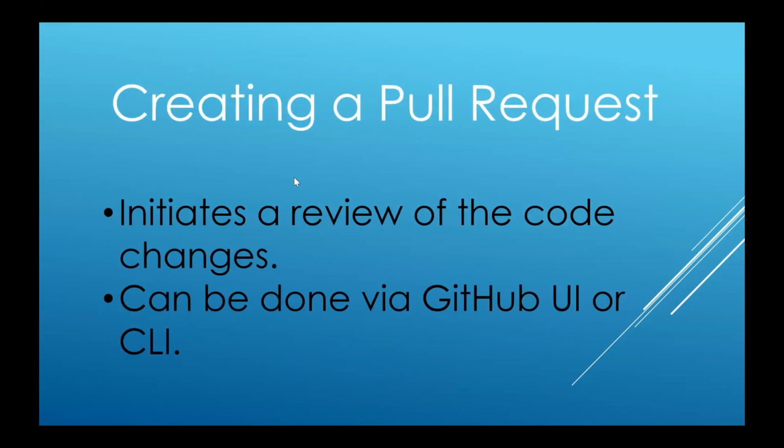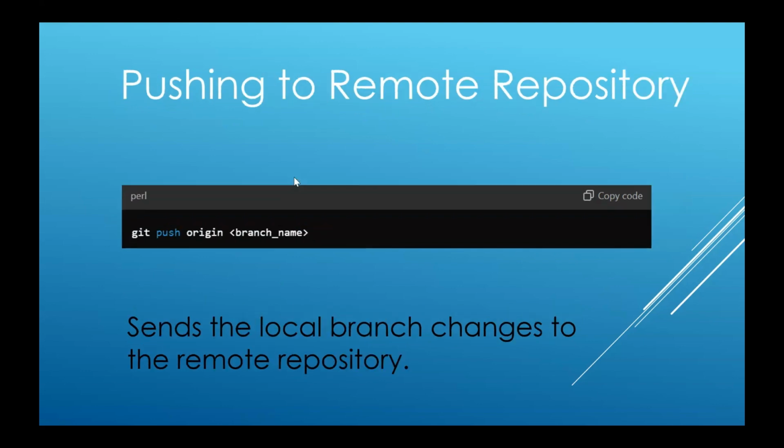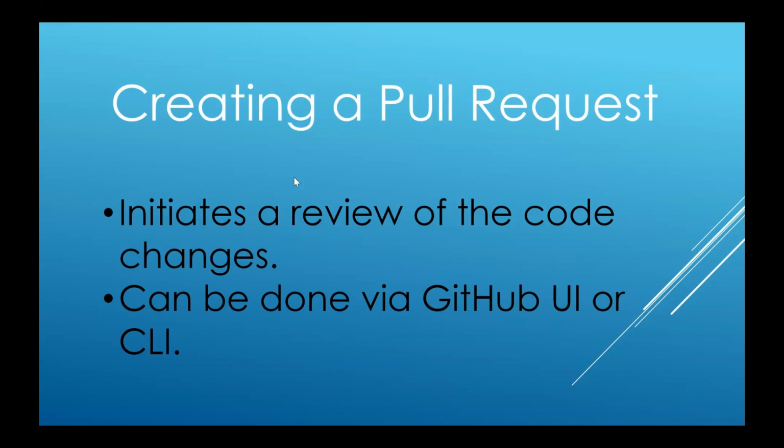Once all these things are done, like making the changes, staging the changes, committing the changes, and pushing the changes to the remote repository, your changes will now be published in the remote repository, but your change is still in the feature branch and is not yet merged in the main branch.